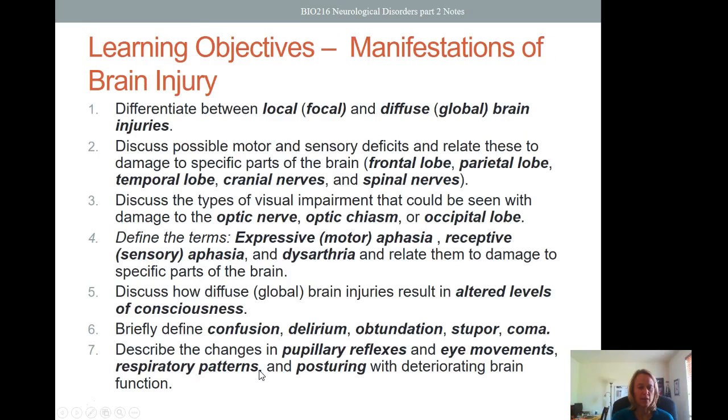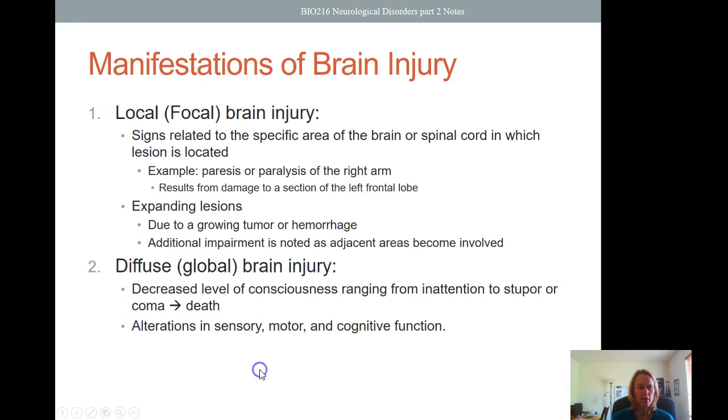Let's talk about the manifestations of brain injury. Local or focal manifestations of brain injury include signs related to that specific area of the brain or spinal cord in which the lesion is located. For example, weakness or paralysis of the right arm is due to damage to a section of the left frontal lobe.